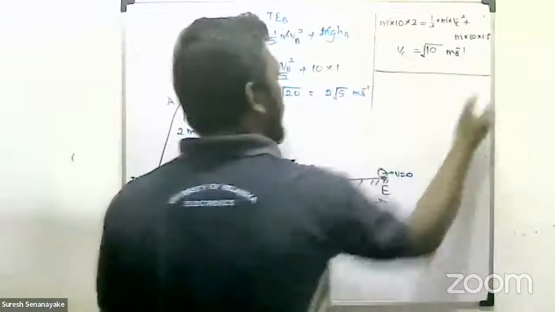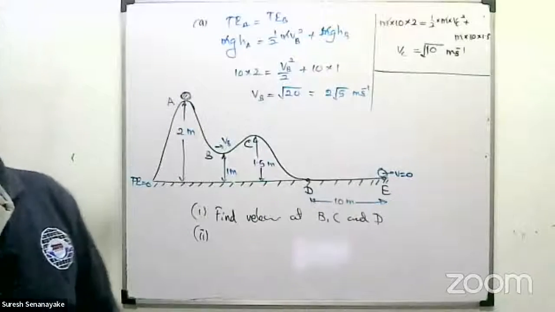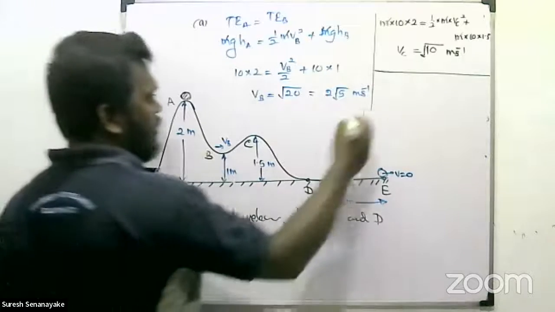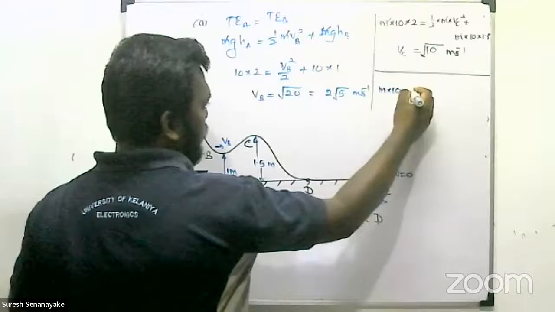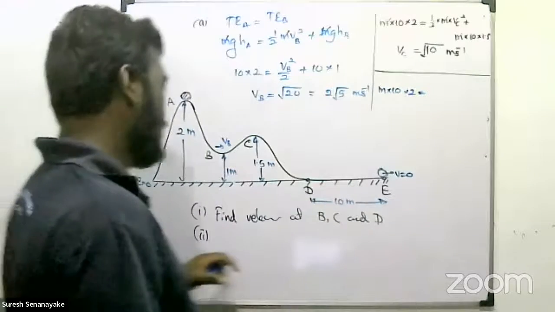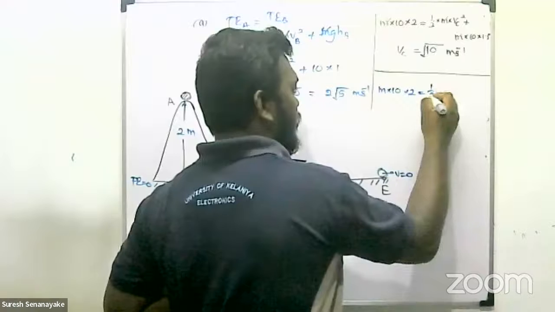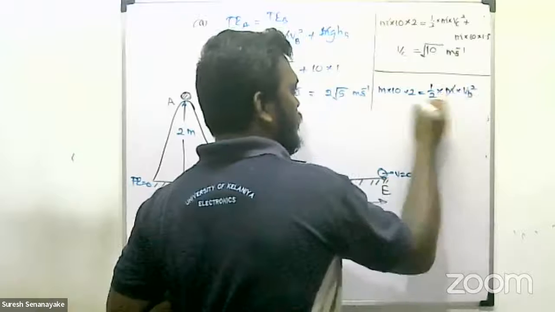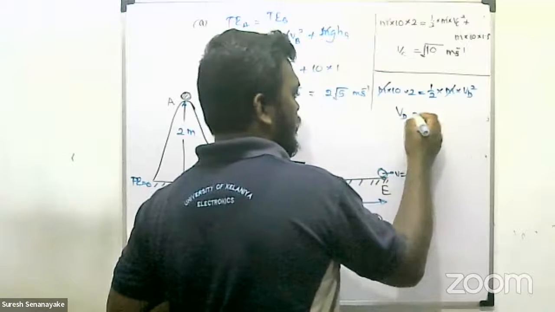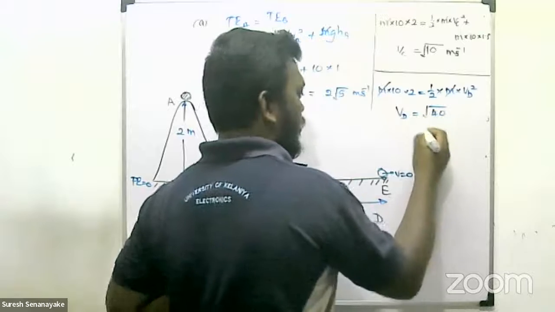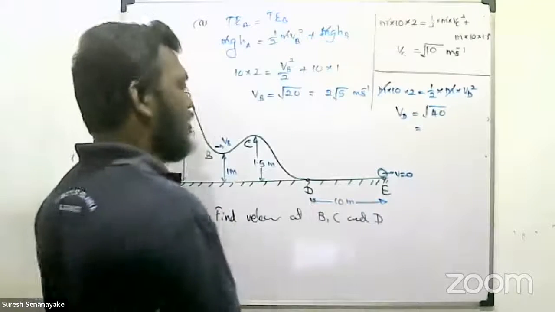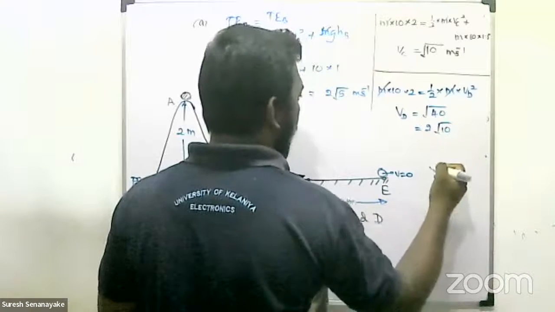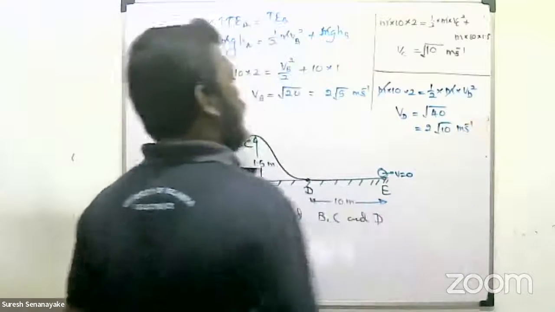And at D, the same thing applies for A and D also. The energy conservation can be used. Here the energy is mgh, at D the potential energy is 0, so it is directly converted to the kinetic energy, half m v_D squared. v_D equals the square root of 40, that is 2 root 10 meters per second.